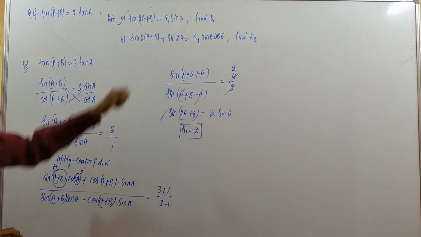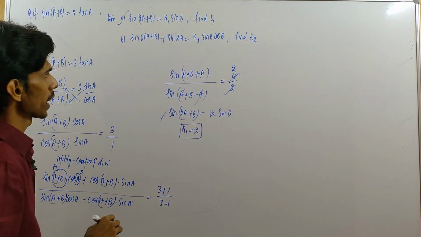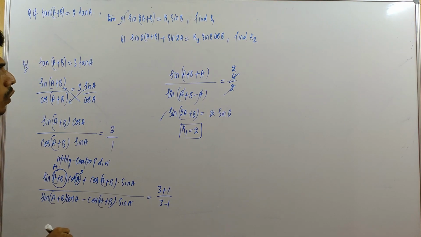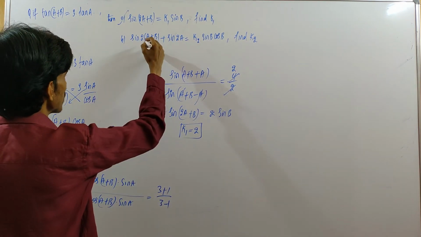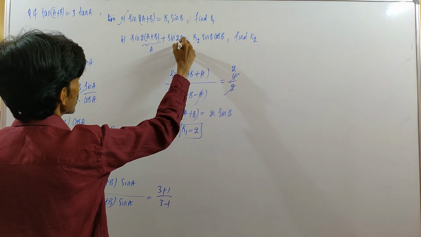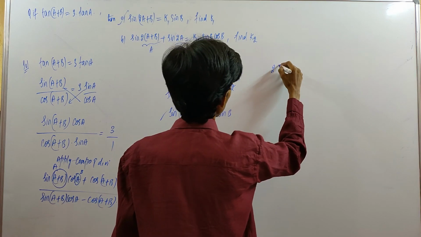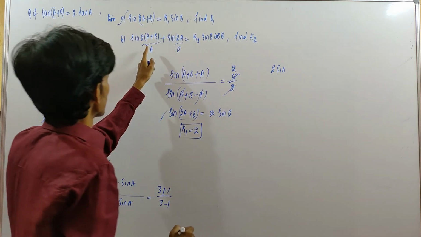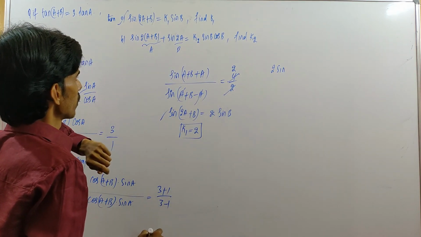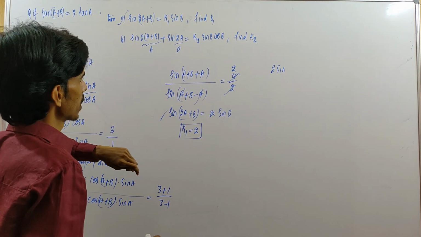Similarly, we have sin 2(a plus b) plus sin 2a equal to k2 sin b cos b. Here apply the sin C plus sin D formula. So it will become 2 sin((C plus D)/2) cos((C minus D)/2).